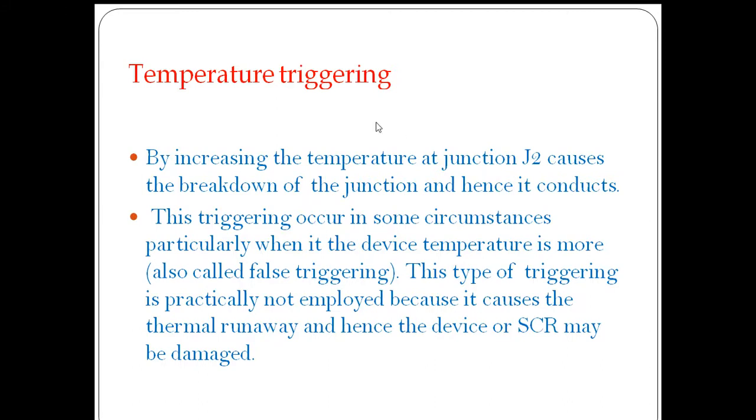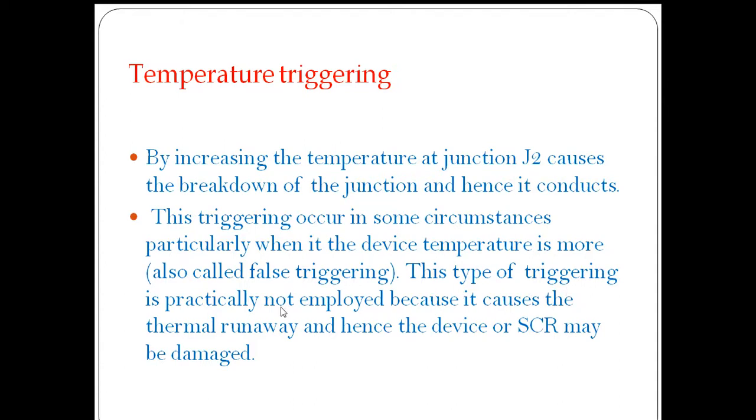The next method is temperature triggering. This is also a turning on method. Increasing the temperature at junction J2 causes the breakdown of junction J2 and allows conduction through the device. In some circumstances, particularly when the device temperature is high, it may cause false triggering.